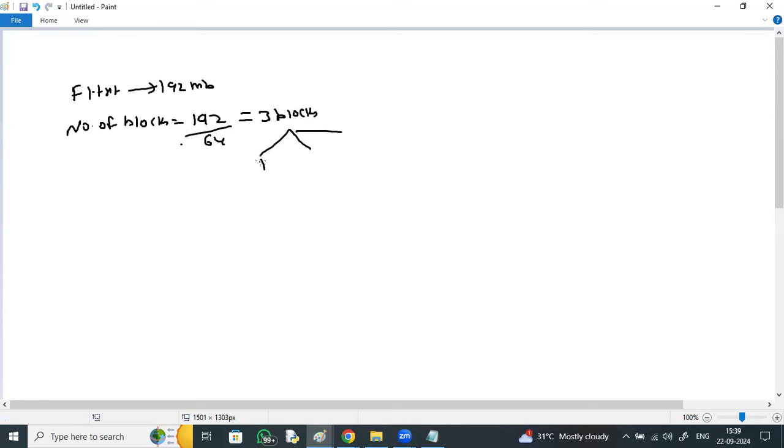B1, B2, B3. B1 replicated 3 times, B2 replicated 3 times, B3 replicated 3 times, totally 9 blocks. This is my master, these are my slaves.